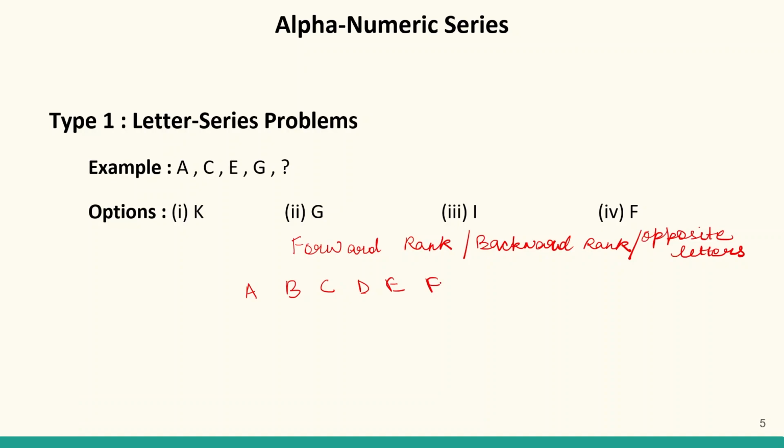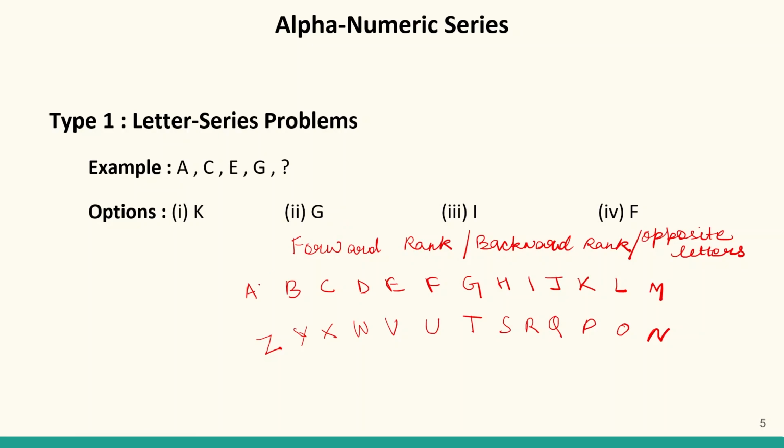We all know this, okay? I, J, K, L, M. Now let's write it like this: N, O, P, Q, R, S, Y, and Z.